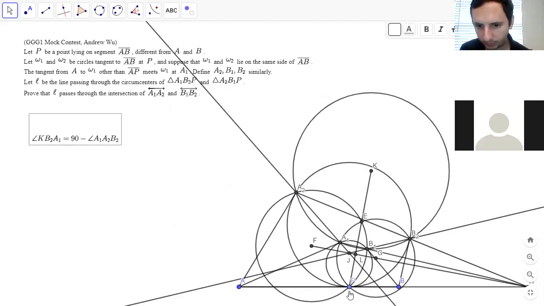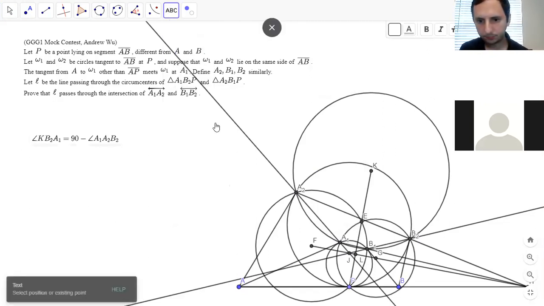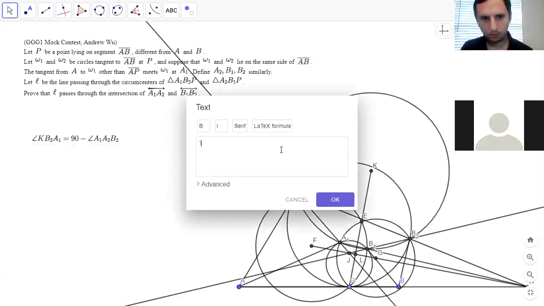So angle A1 P B2 is angle A1 PB minus angle B2 PB.